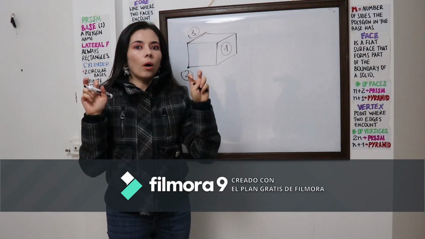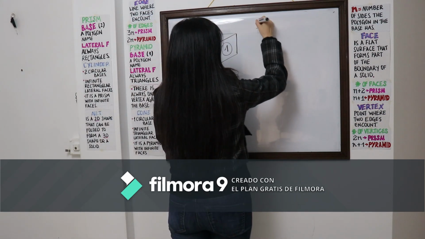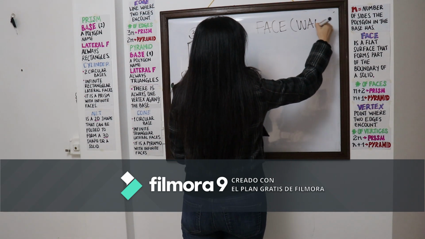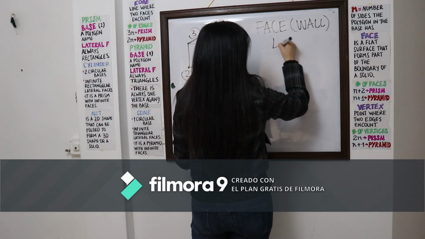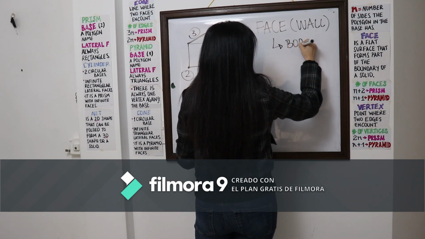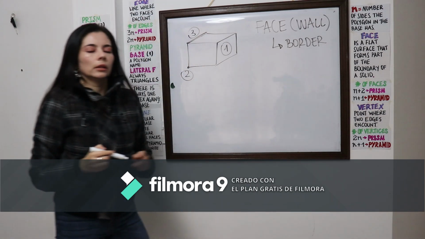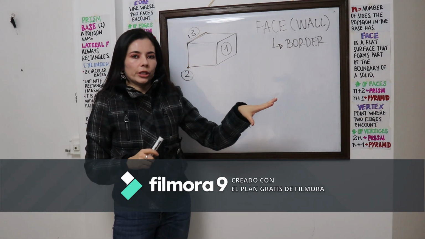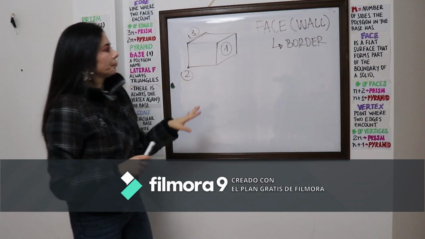Now it has to be like walls. So we have to think about faces as walls. A face can be seen as a wall that borders, and it's related to the understanding of border as we understood it in 2D shapes, all right? We're just looking at walls here though.